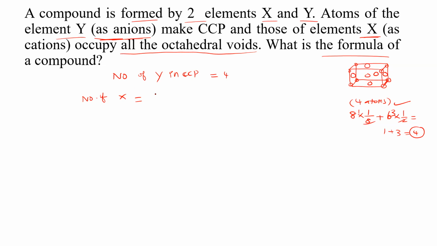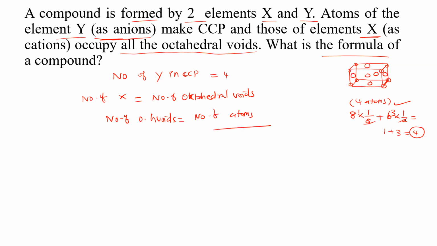So number of X means number of octahedral voids. So the number of octahedral voids is equal to the number of atoms.